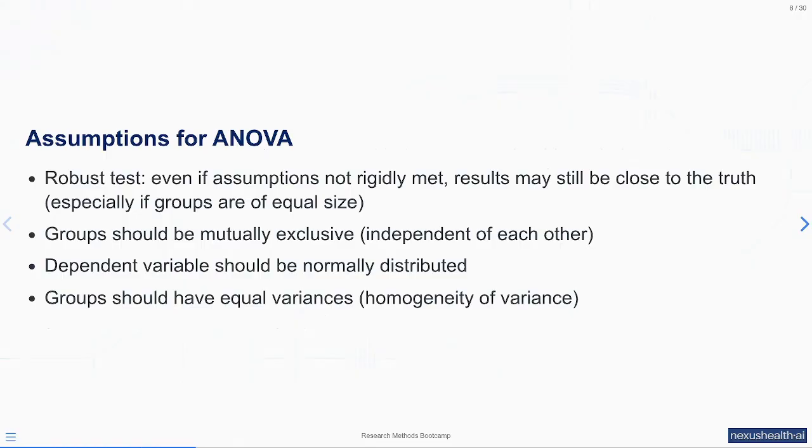They are not correlated and they are not paired. And the dependent variable should be normally distributed. The other assumption is that the groups should have equal variances, what is known as homogeneity of variance. So the variances have to be equal.